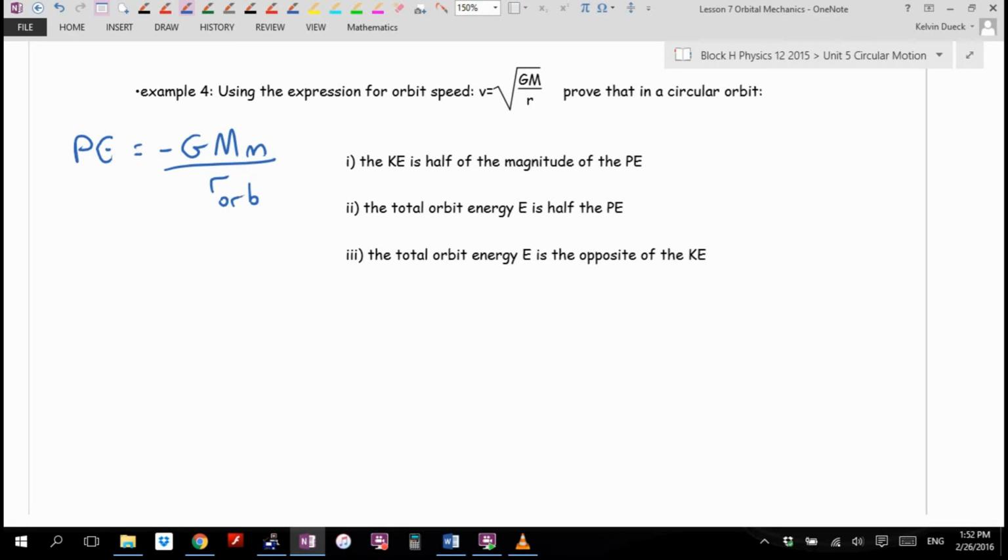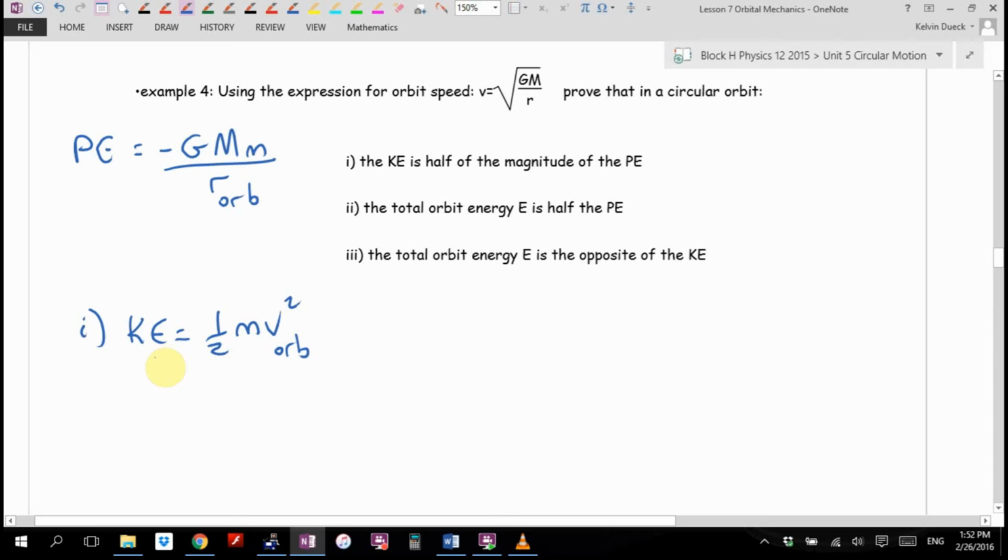Is that okay? Well, KE, Kiowa, is a half what? Kinetic energy? Yep. This would be KE in orbit, would be a half m v orbit squared.